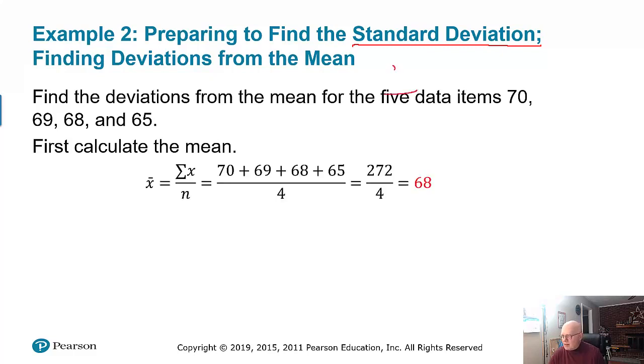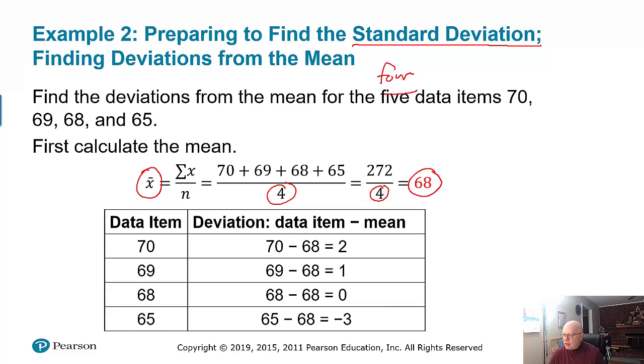I guess this should say 4 data items. Because we've got a 4 there and a 4 there. Basically, you just add them up, divide by how many you've got, and that gives you the mean. Remember, that's x bar. And for this set of data, it's 68. So that's your mean for those 4 data items.